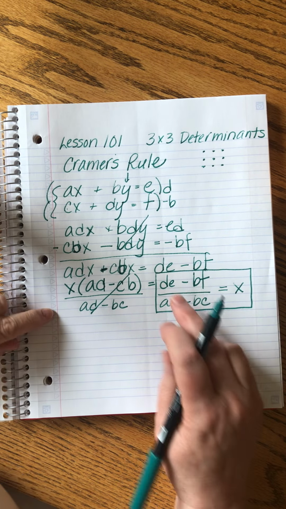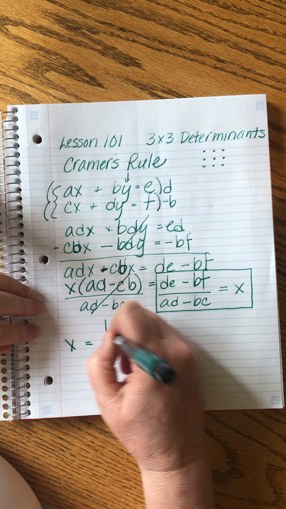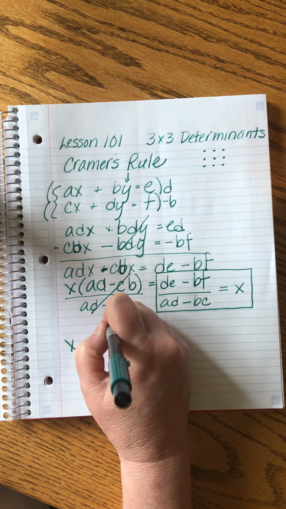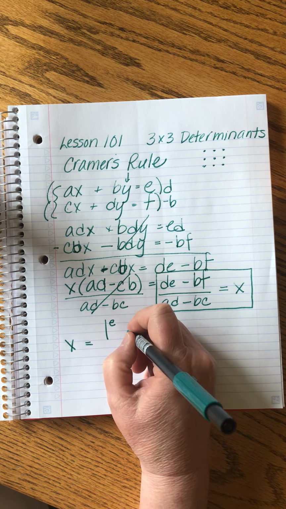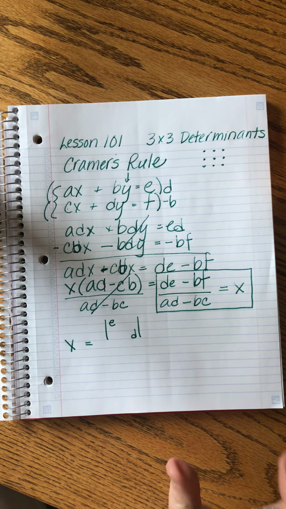How would we do that? DE minus BF, how do you write that in a matrix? Well, you want to multiply, and this is the order that mathematicians use. So we're kind of going slightly alphabetical, but you'll see how it works in just a minute.